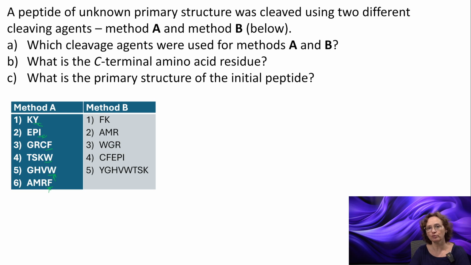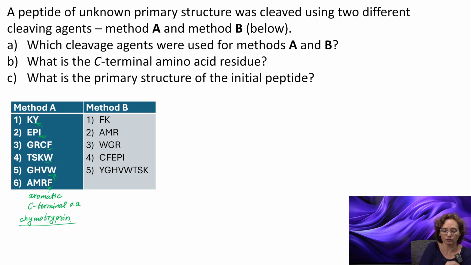So most of those C-terminal amino acids are aromatic. So the agent that cleaves after aromatic amino acid residues is the enzyme chymotrypsin. So this is the agent used for method A.